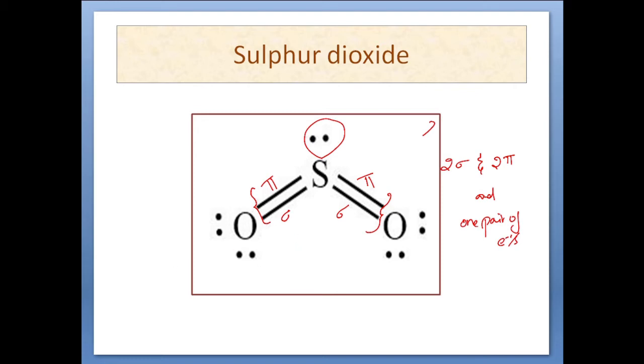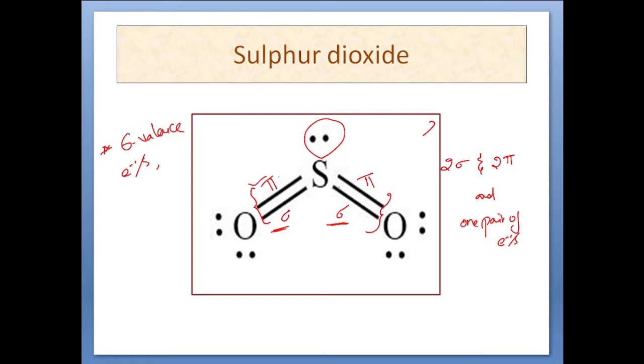So the sulfur atom contains 6 valence electrons, out of which it shares two electrons with two oxygen atoms to form two sigma bonds, and to form two pi bonds.